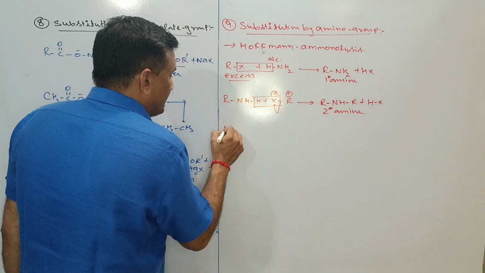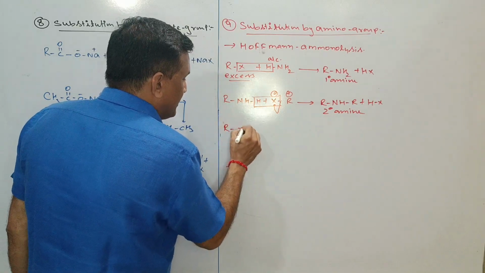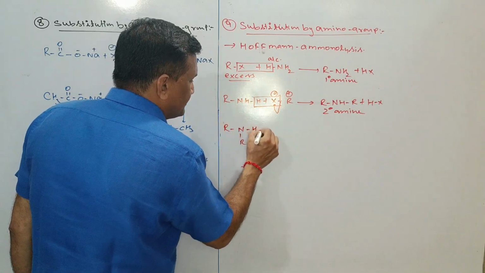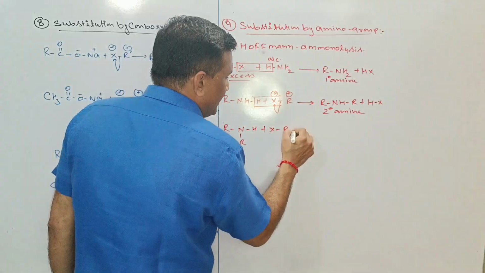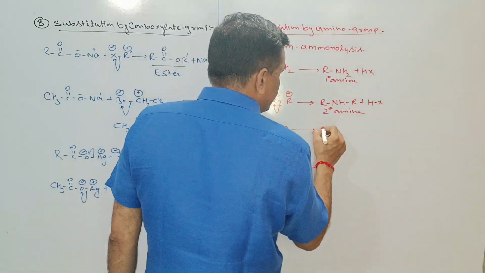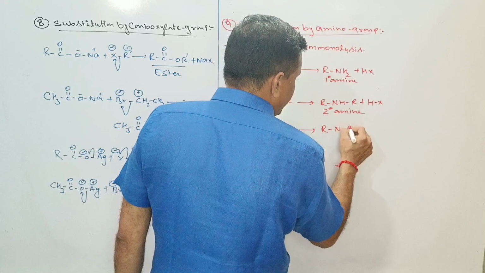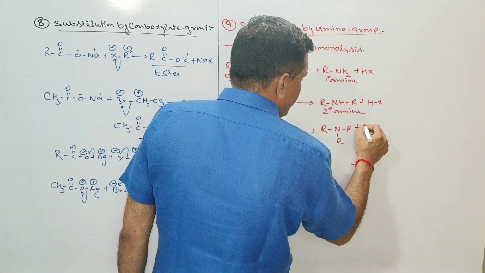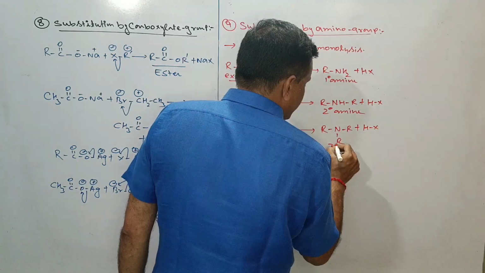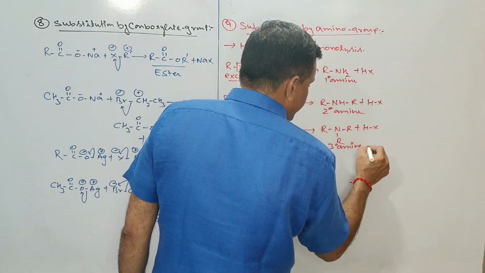And if we go further with R, R and H, then again alkyl halide reacts to give the 3 degree amine like R3N plus HX. This is the 3 degree or tertiary amine.